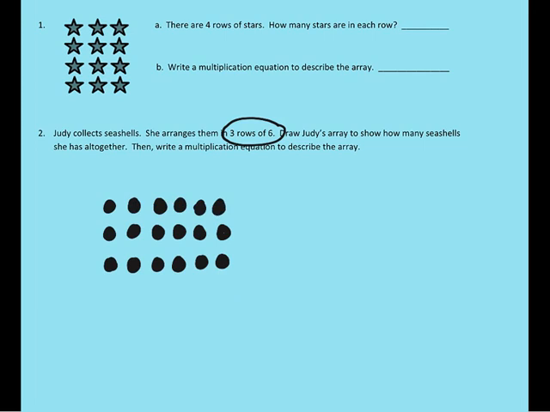Okay, so these are the 3 rows of 6. The next step is we have to find out how many seashells she has altogether. So if you see the word altogether, that means you have to find the total. So altogether means total.